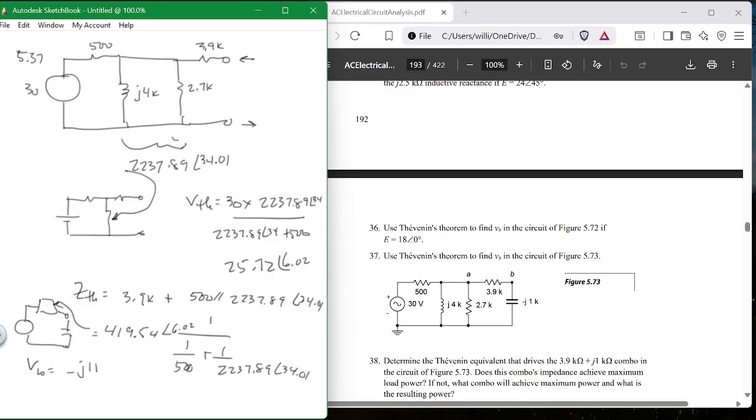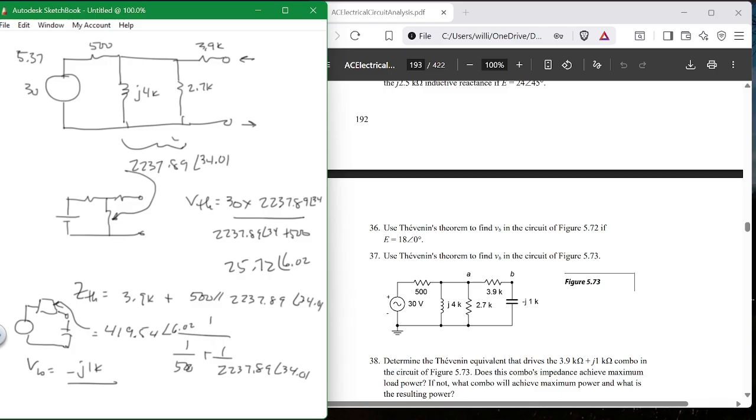Minus j1K over, what rule are we using? Voltage divider. Voltage divider is your best friend. It's minus j1K over minus j1K plus this Z, that whole Z right there. So it's this over this plus this, times that.